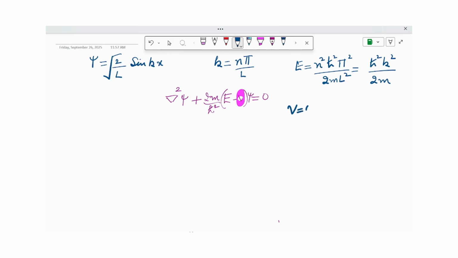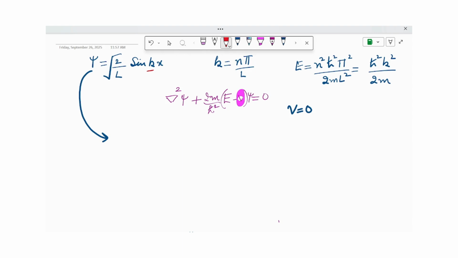So when we extend the solution of one dimension to three dimensions, the expression will contain not only one k, there will be kx, ky, and kz, because now the wave can travel in all three directions.